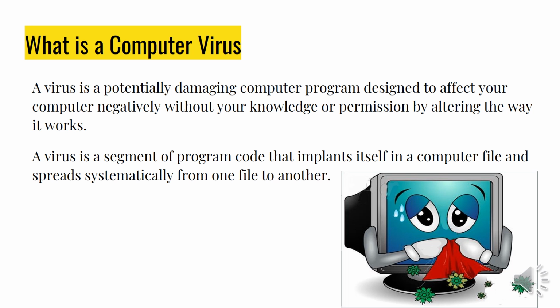What is a computer virus? A virus is a potentially damaging computer program designed to affect your computer negatively without your knowledge or permission by altering the way it works. A virus is a segment of program code that implants itself in a computer file and spreads systematically from one file to the next.